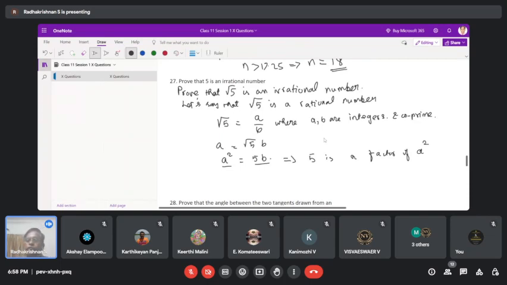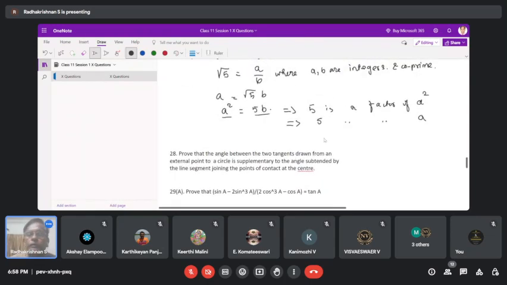And if 5 is a factor of a square, then it implies that 5 is a factor of a also, because only if 5 is a factor of a will 5 be a factor of a square. Right?